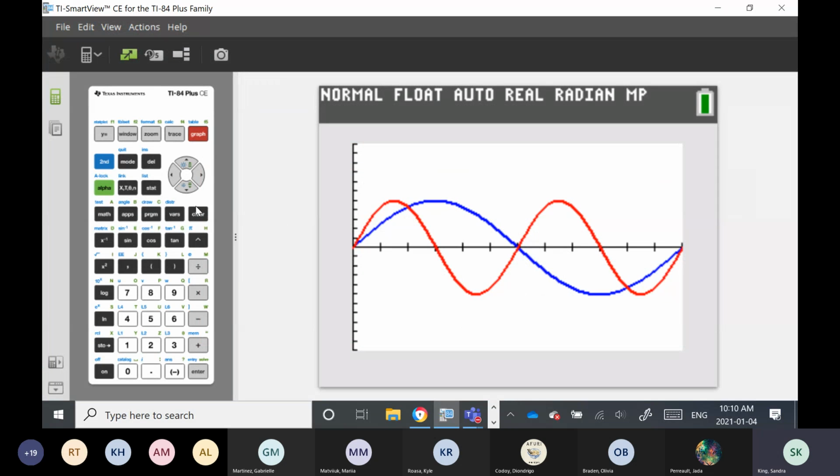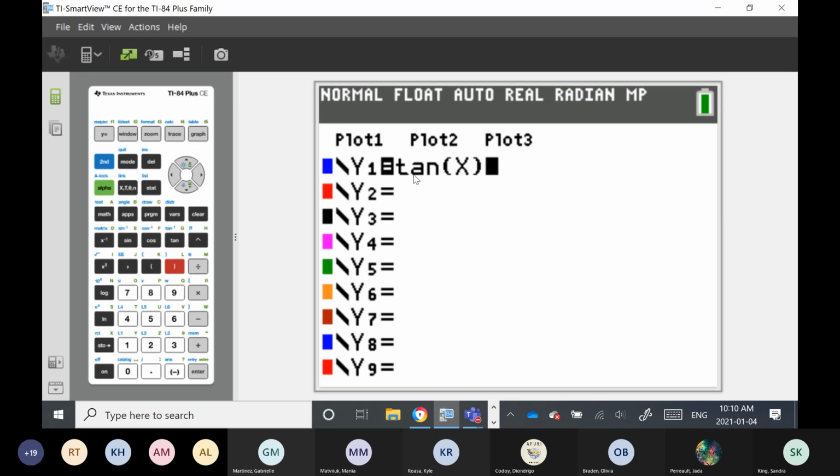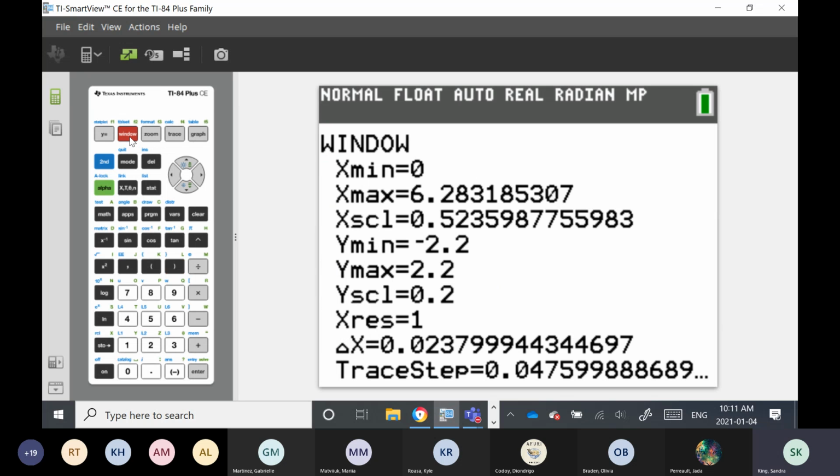If everybody could take out their calculators, I want you to put in tan of x. I'm in radian mode. Let's go to window and change our window.